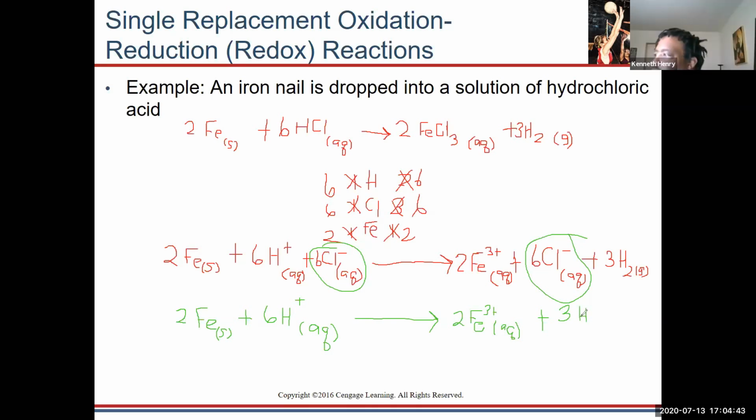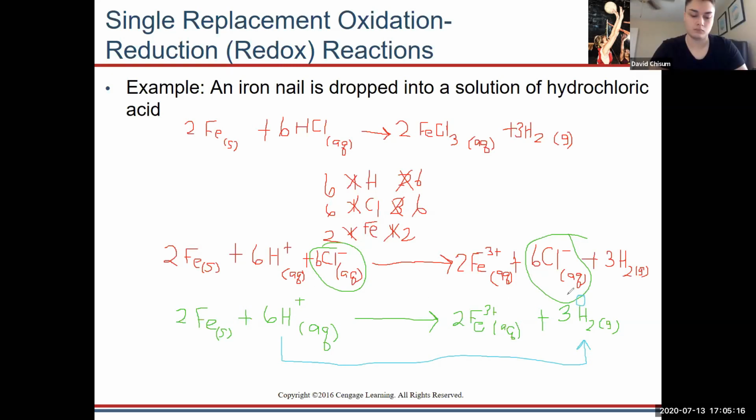Okay, now here's the hard question. Who's being oxidized? Who's being reduced? So this guy would be a 0, since it has no charge associated with it. So you're going from plus to a 0. Is that oxidized or reduced?